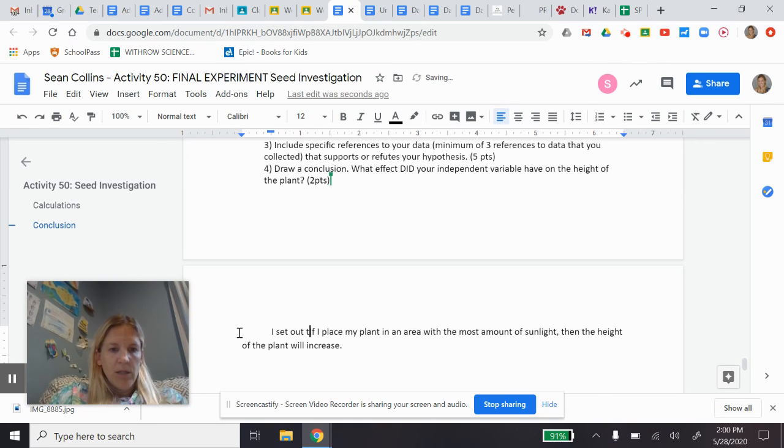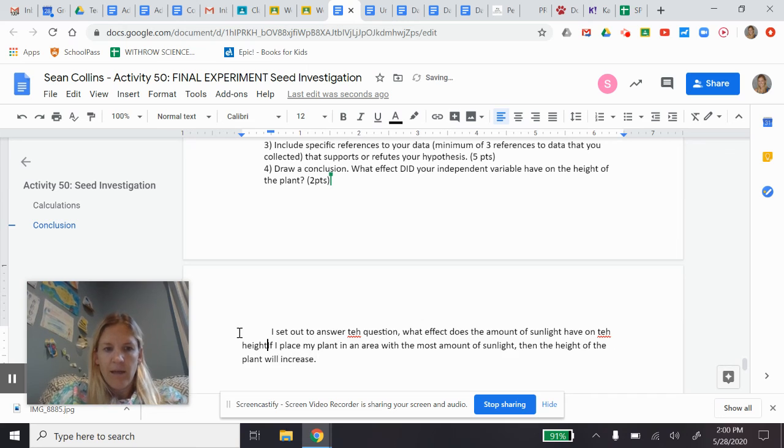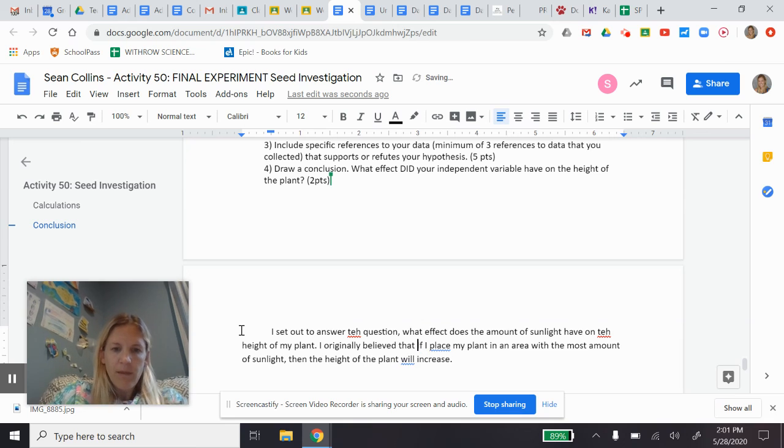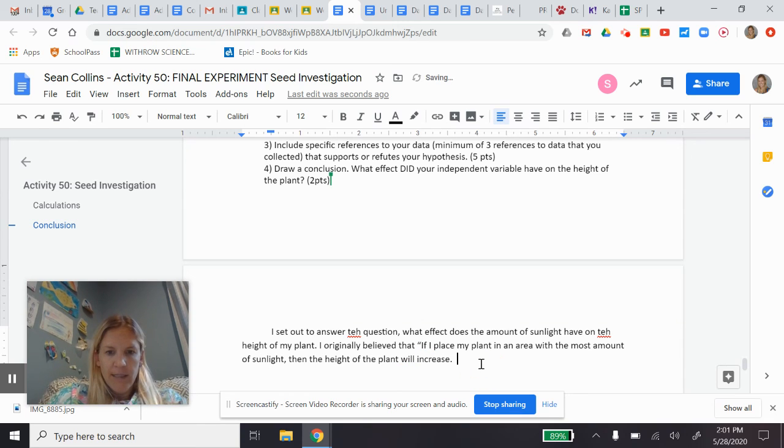I set out to answer the question, what effect does the amount of sunlight have on the height of my plant? I originally believed that if I place my plant in an area with the most amount of sunlight, then the height of the plant will increase.